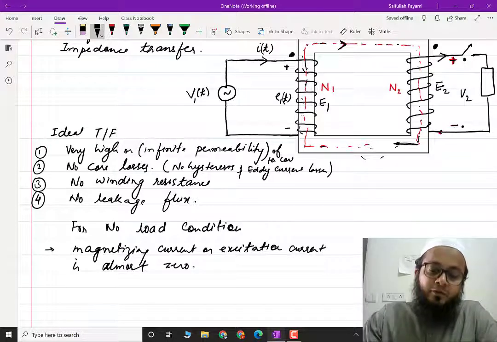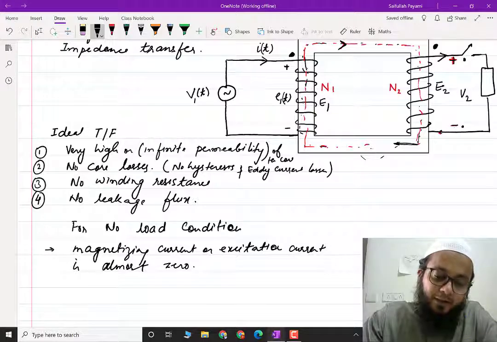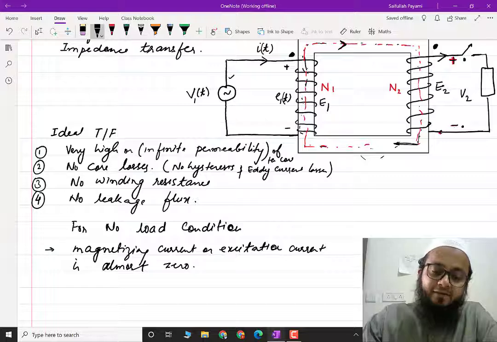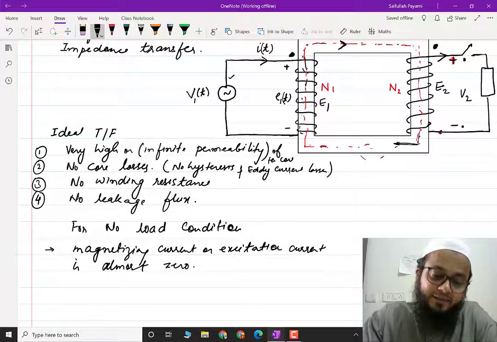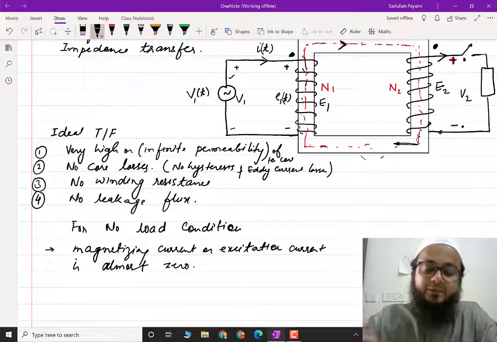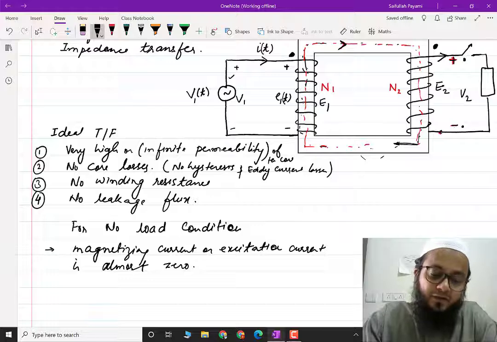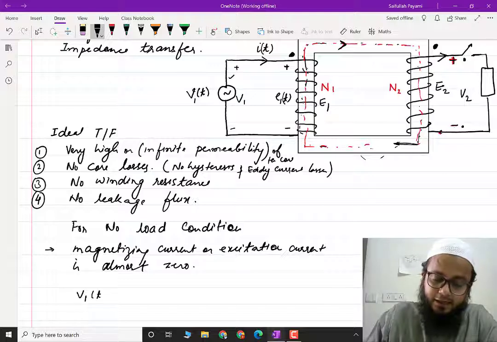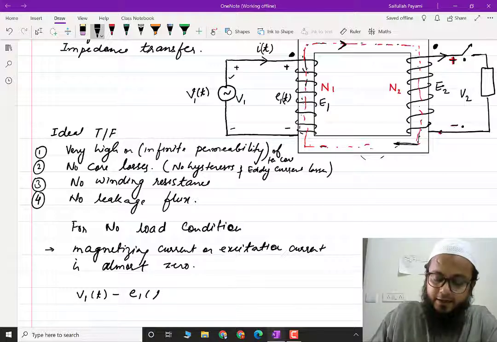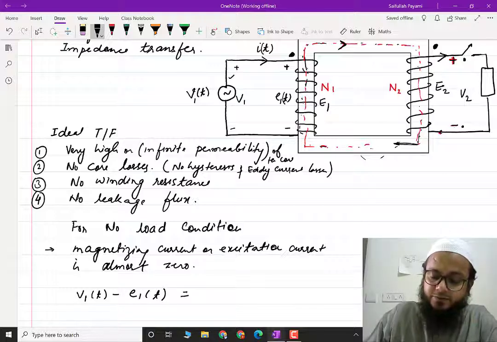Now, whatever voltage you are applying at the primary winding, if you apply the KVL, because there is no winding resistance and no leakage flux, then with V1 as the RMS quantity of this applied voltage, V1(t) minus E1(t) is equal to 0.